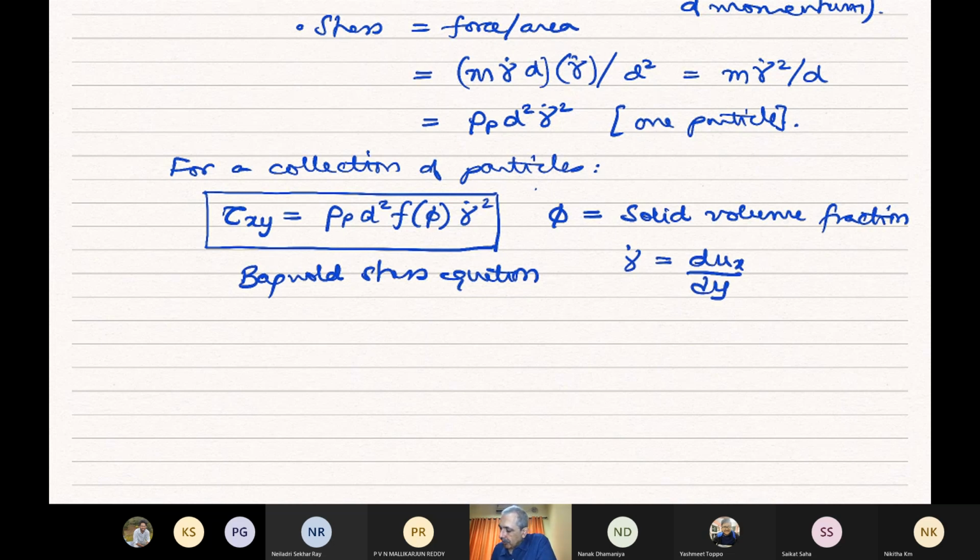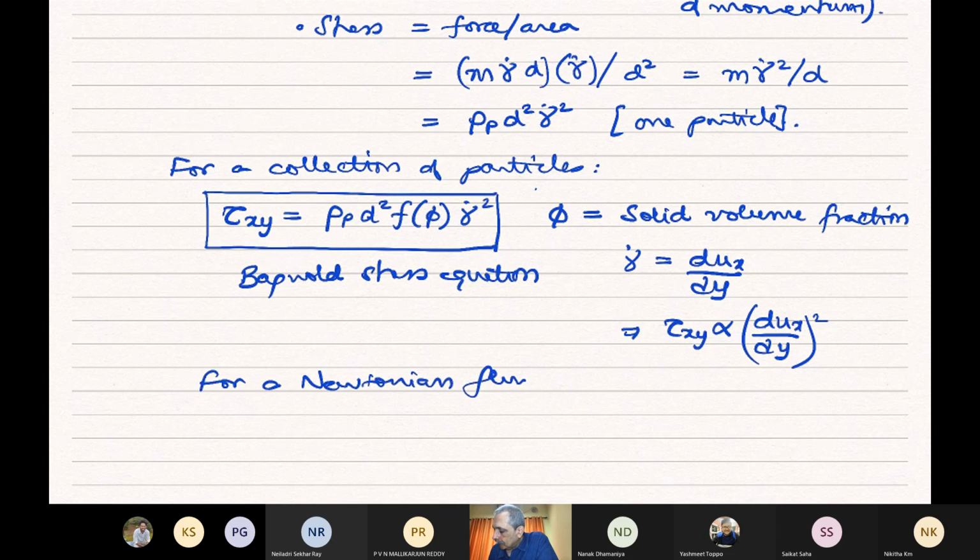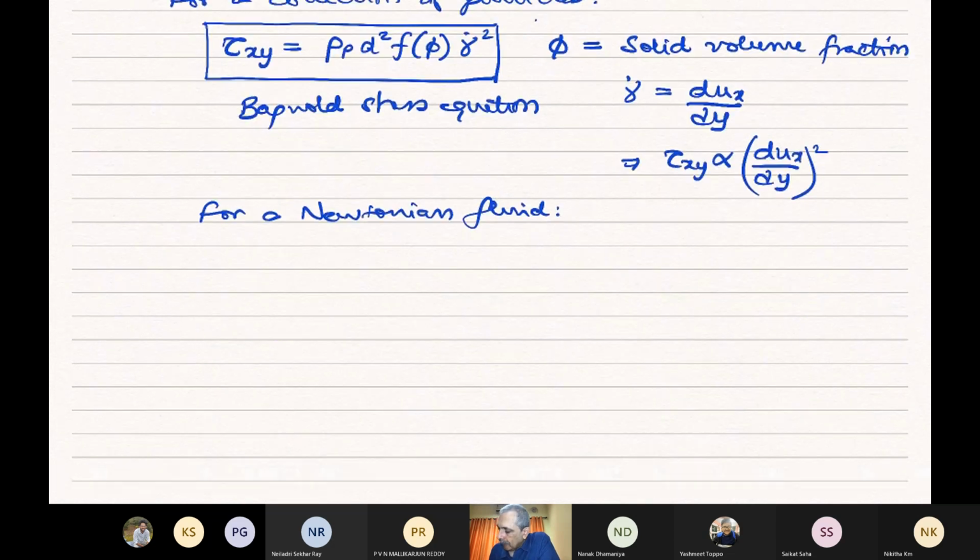So what we actually get is that tau xy is proportional to (dux by dy) whole squared. And for a Newtonian fluid, we have tau xy is proportional to dux by dy.